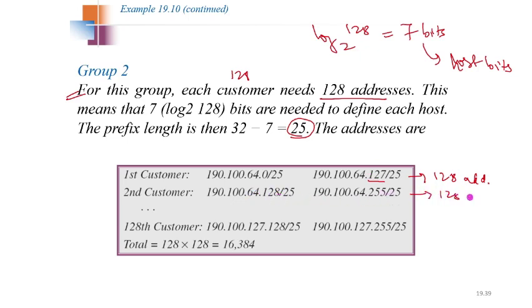So it is 128 addresses. Likewise, 128 customers, each needs 128 addresses, and this will be the last address in the second group. So this much address space is utilized in the second group.